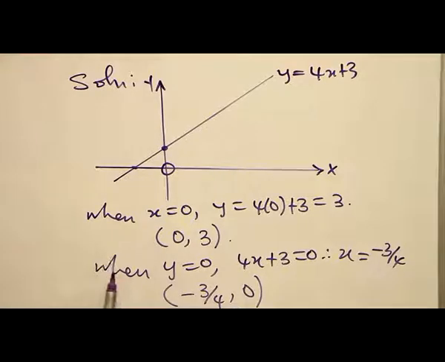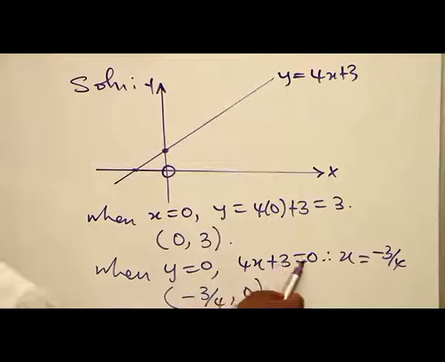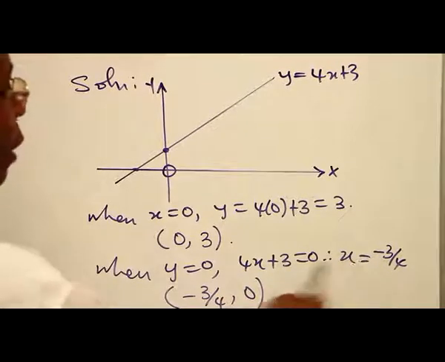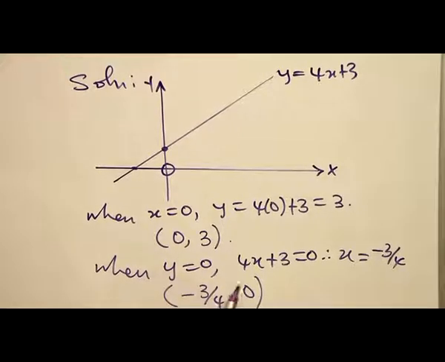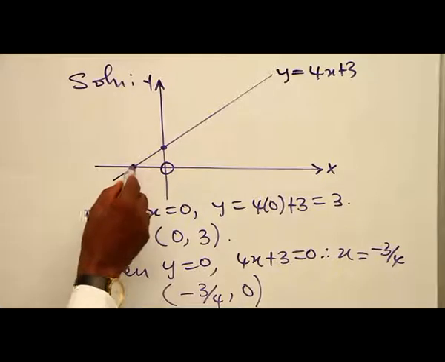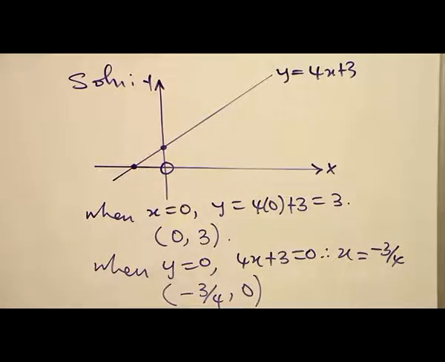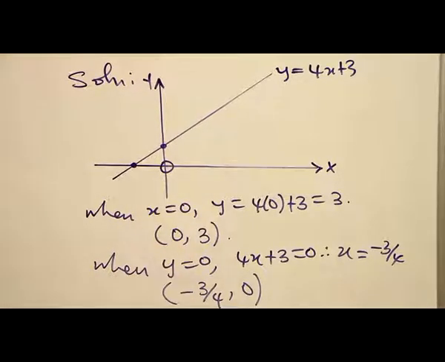Then we also take another point. When y is equal to 0, 4x plus 3 will be equal to 0. Therefore, x is equal to minus 3 over 4. In other words, (minus 3 over 4, 0) is another point on the line, as also indicated on the graph. Now, with these 2 points, we are required to find the midpoint between here and here.